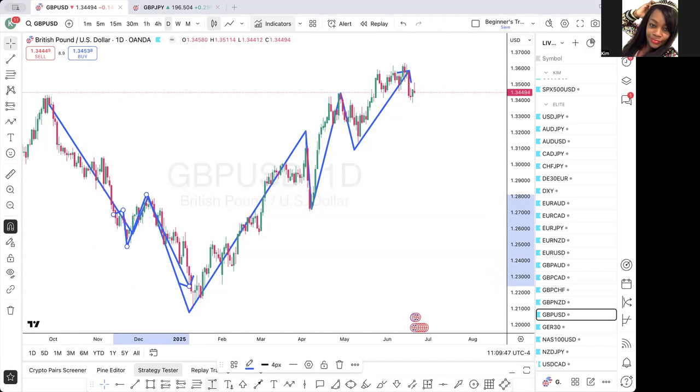You see right here where price sold down, it pulled back, but it didn't break any structure. So you don't even want to mark that zone up.